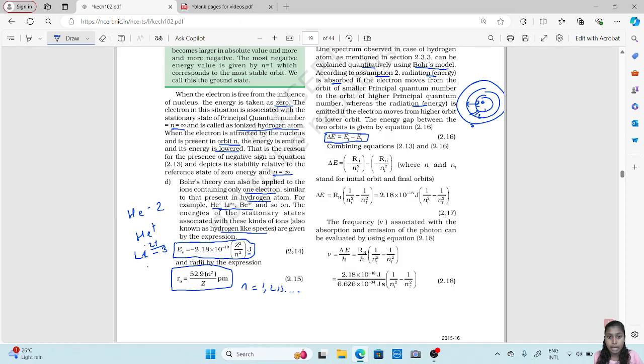Just combine both the equations. This one will be for EF and this one for EI. Delta E means EF minus EI.